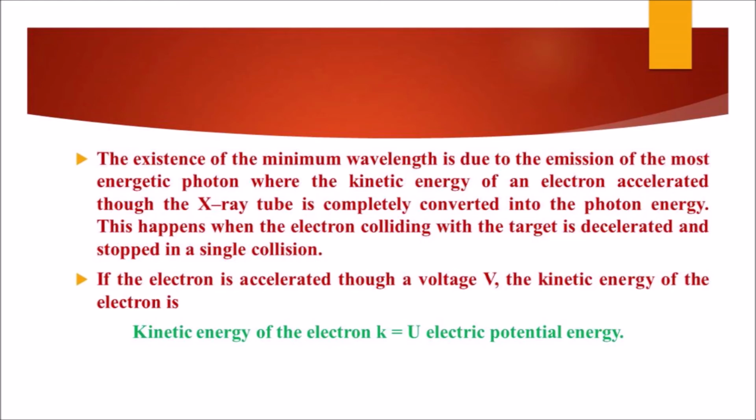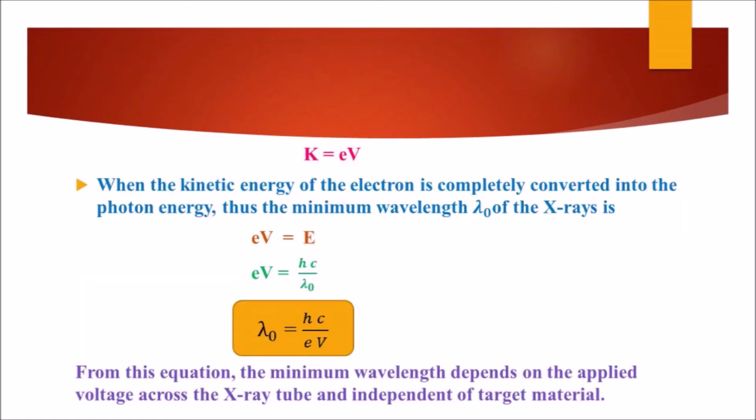If the electron is accelerated through a voltage V, the kinetic energy of the electron is equal to the electric potential energy. Therefore, kinetic energy K equals electron volt, eV.